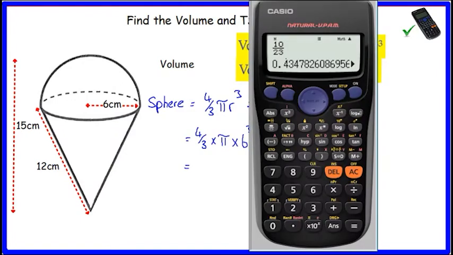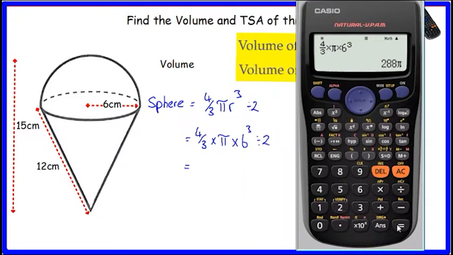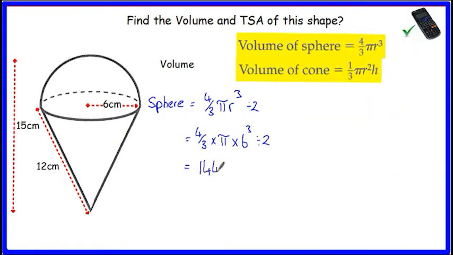So I'll just check and count for this. 4/3 of pi times 6 cubed equals, there's a full sphere. Divide that by 2 is 144 pi centimeters cubed.